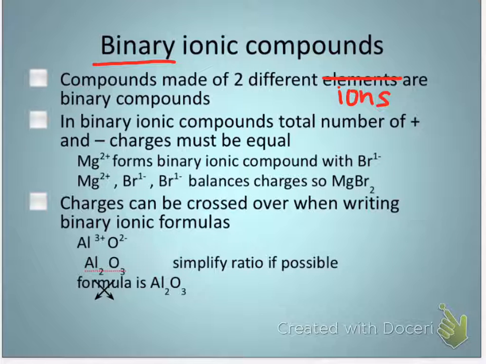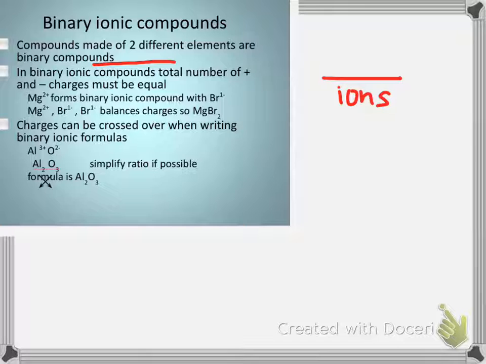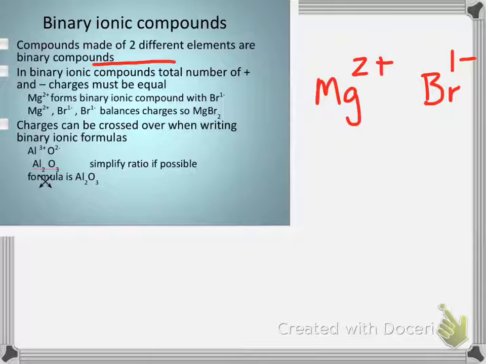So to form magnesium bromide, and I'm going to shrink this down. We have Mg with a 2+ charge. We have a bromide ion with a 1- charge. A few things about writing ionic compounds. The positive always comes first.